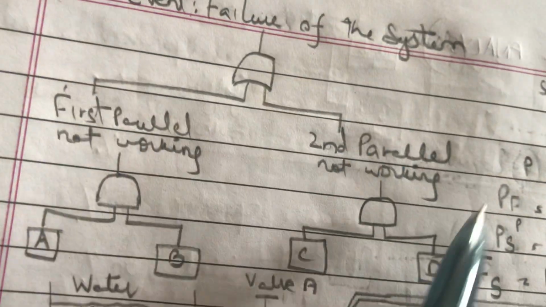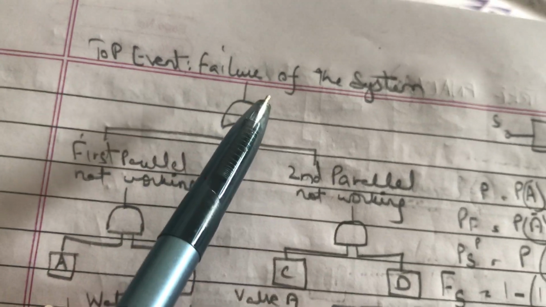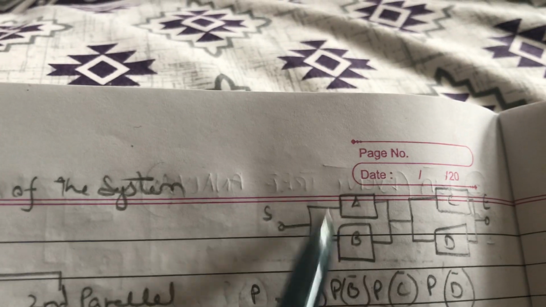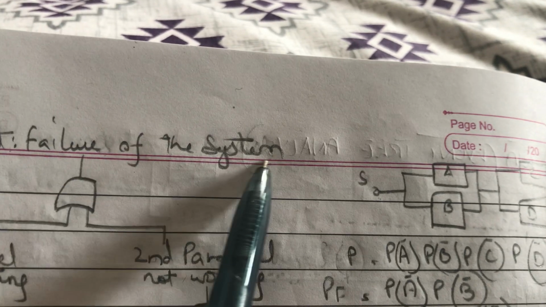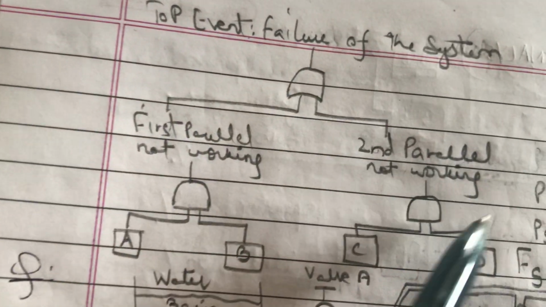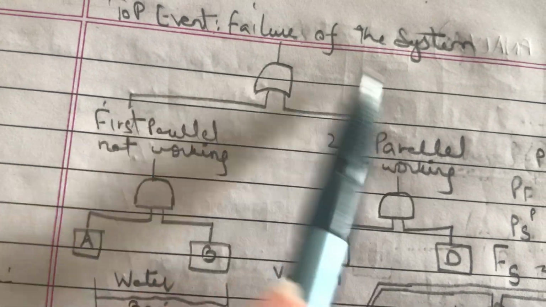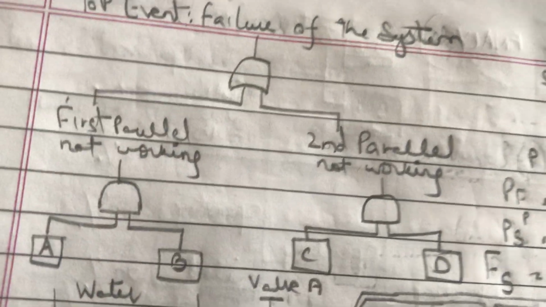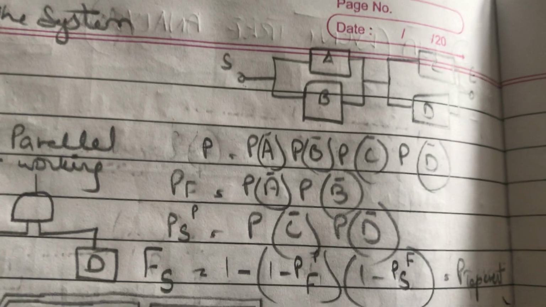So that was the way of drawing the fault tree analysis of our two parallels, the failure of the system. We have the RBD of two parallels, and this is the way of drawing our fault tree analysis. How can we further write it?